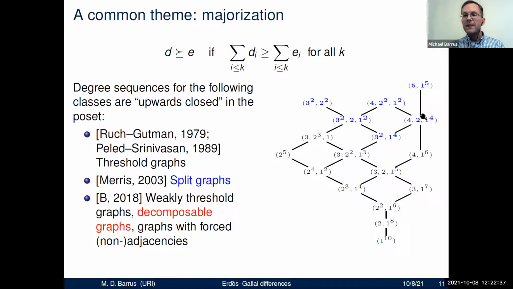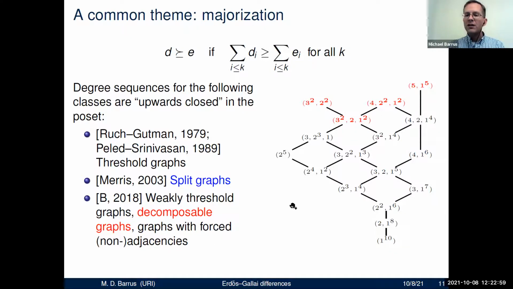They'll all be split. So the split sequences form an upward closed set in any of these posets. And then I showed that the same property is true for weakly threshold graphs, and the same property is true if you ever run into a decomposable degree sequence.